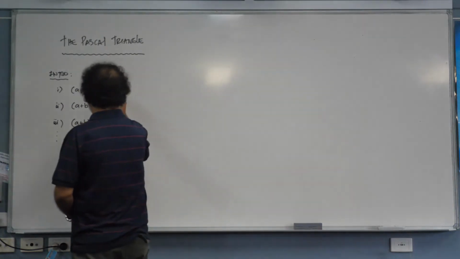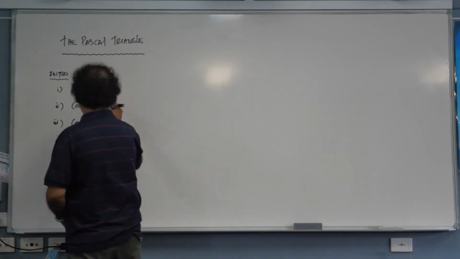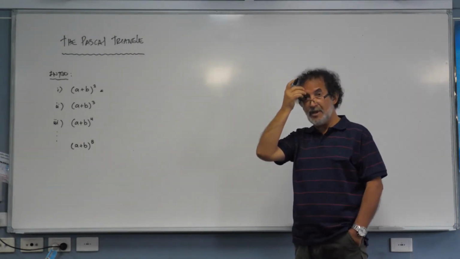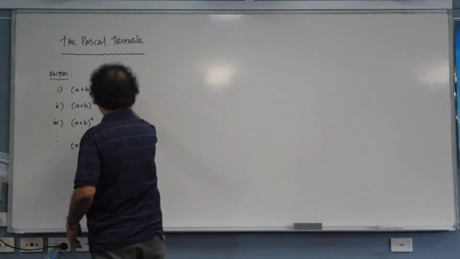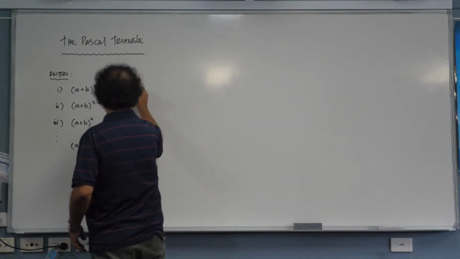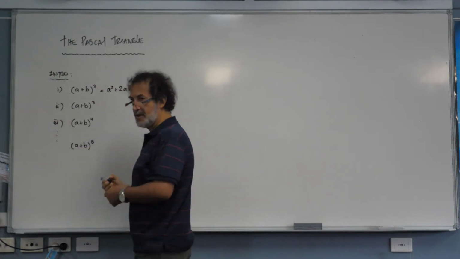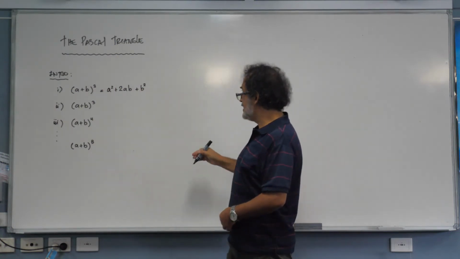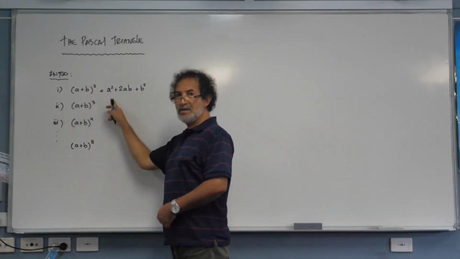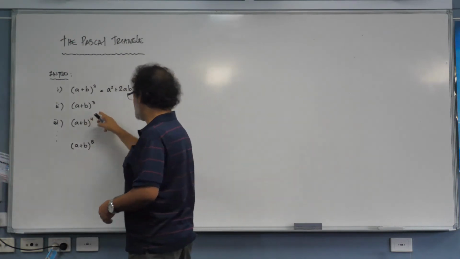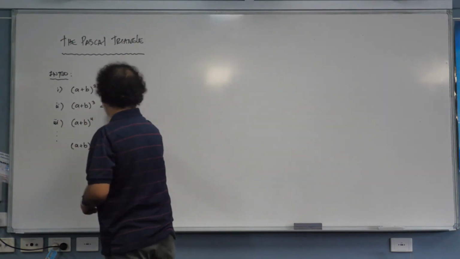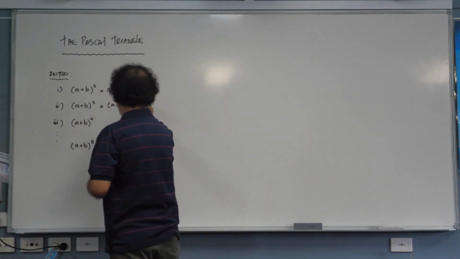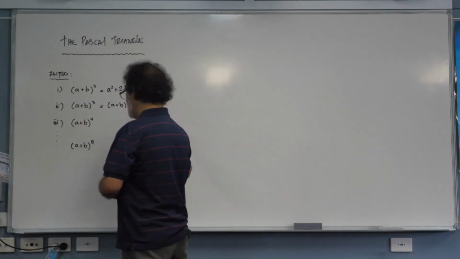Okay, so let's do the first one, because that is something that we know already. And you know that this is equal to a squared plus 2ab plus b squared. All right? And then if you want to do the next one, can you see that (a + b) cubed is the same as (a + b) squared multiplied by (a + b)?